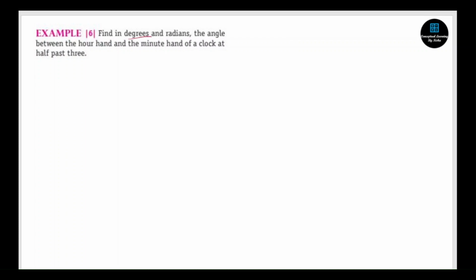Alright, now an interesting question. We have to find the angle in degrees and radians between the hour hand and minute hand of a clock at 3:30.